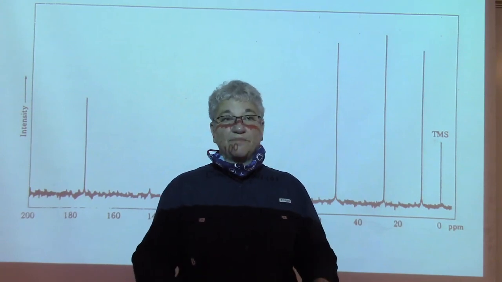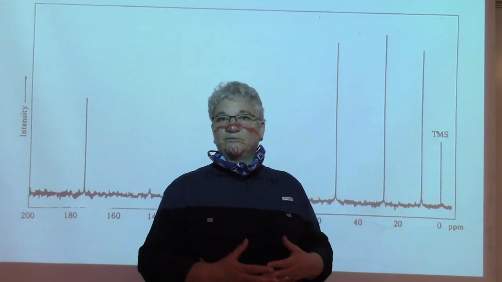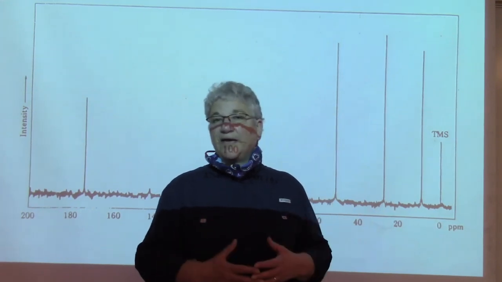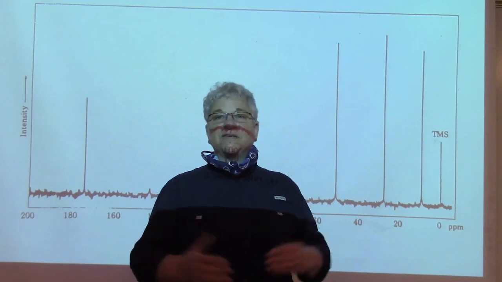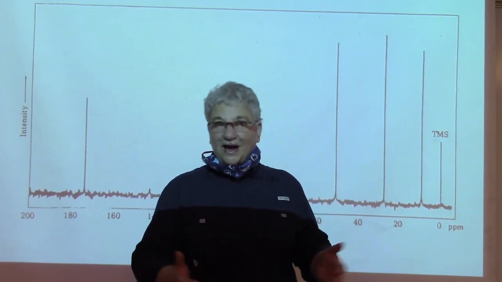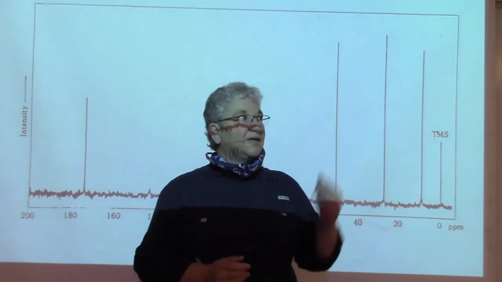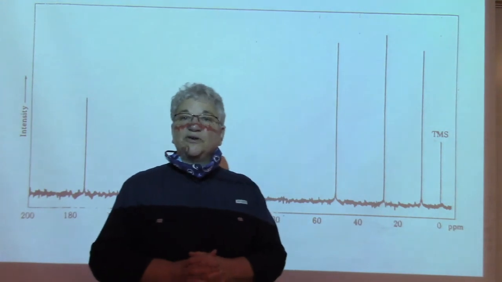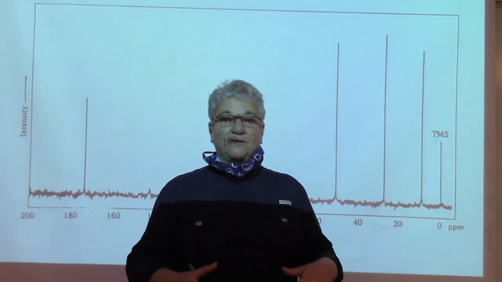And again, we're going to look at proton. I call it proton NMR. You will see it written as H1 NMR. You can call it hydrogen NMR. It all means the same thing. The reason that we tend to call hydrogen NMR proton NMR is because when you think about a hydrogen atom, what's in its nucleus?